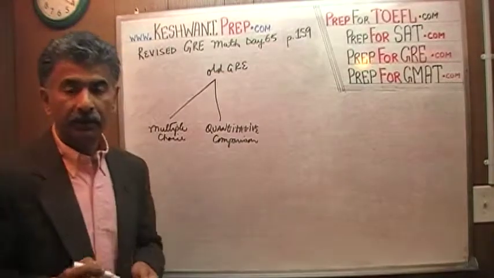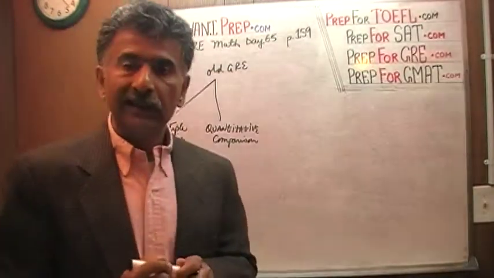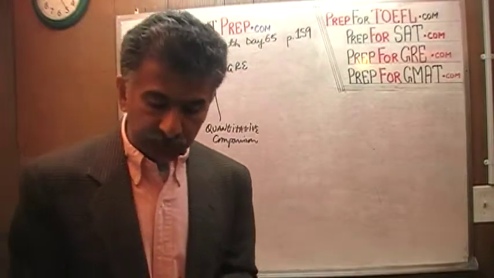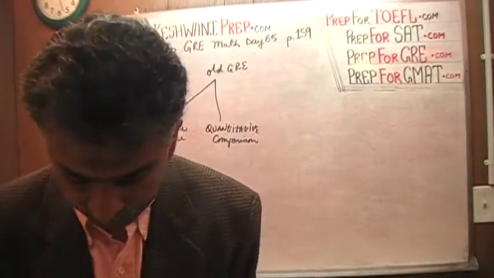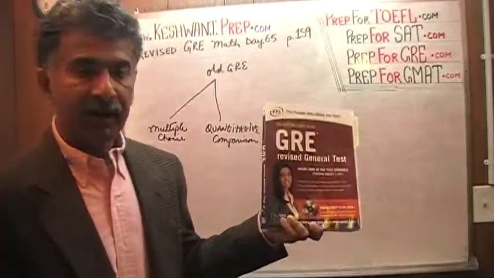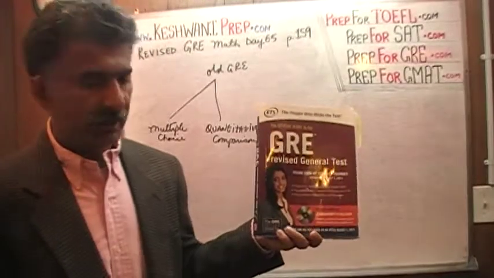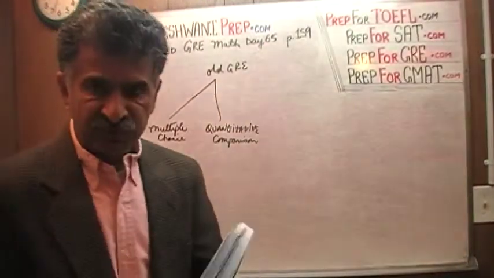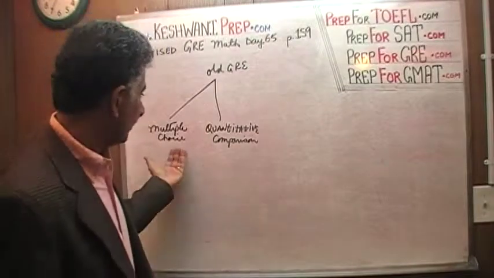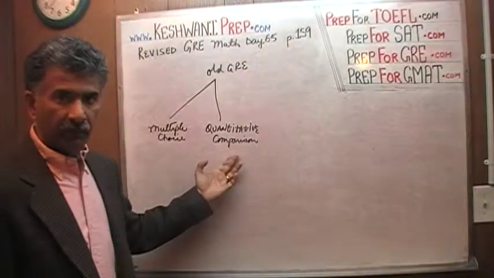I hope you can read my handwriting. These questions still exist in the new exam, which is why it's called the revised GRE. I don't know why they call it revised as opposed to just the new GRE, the new format that is. In the revised GRE, they still have maintained the multiple choice questions and the quantitative comparison questions.